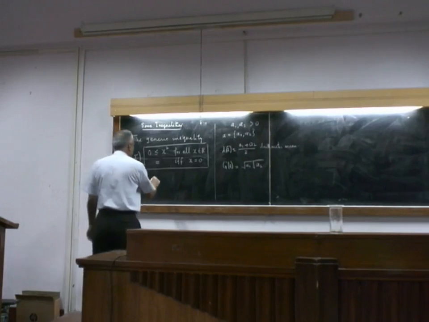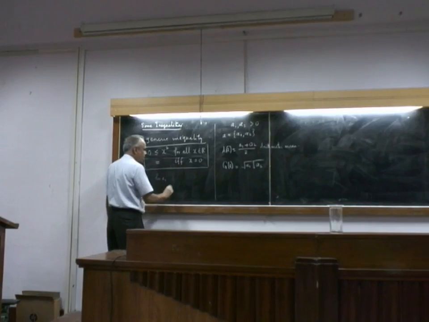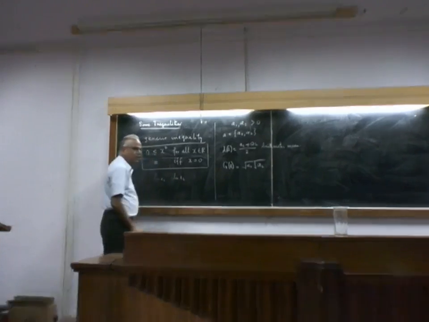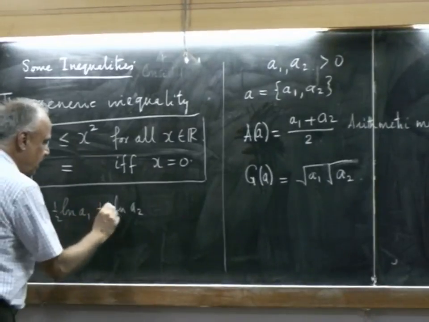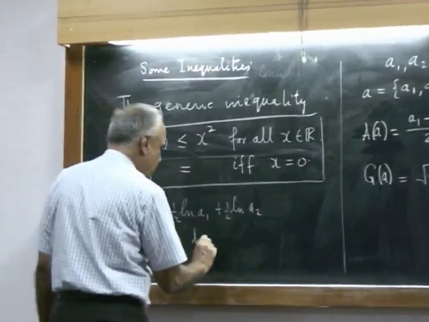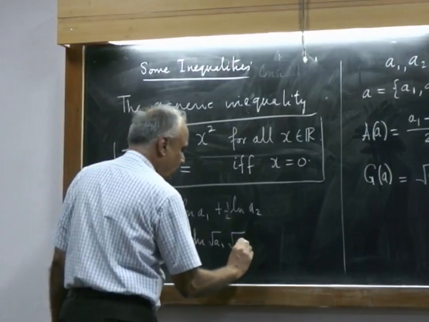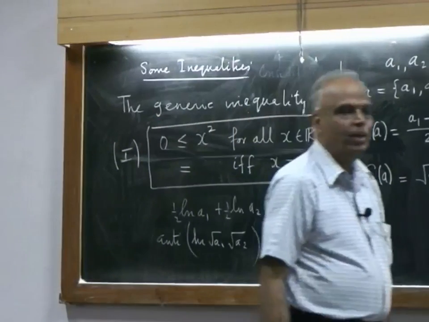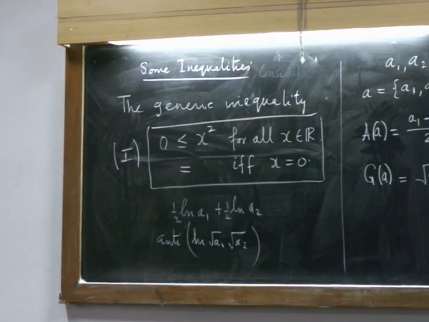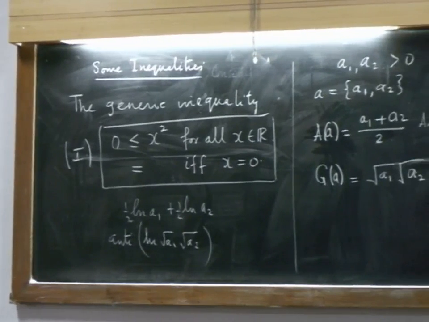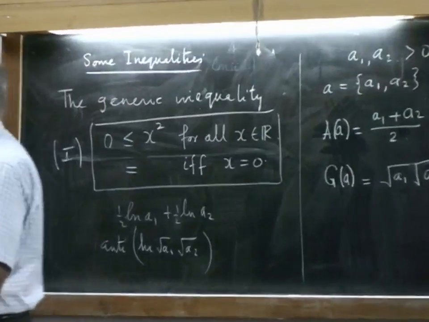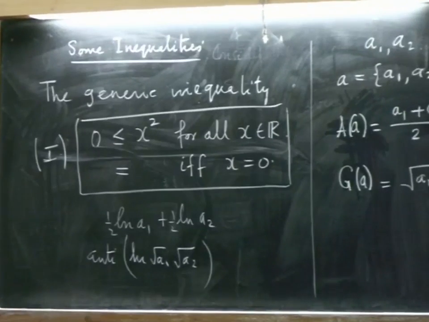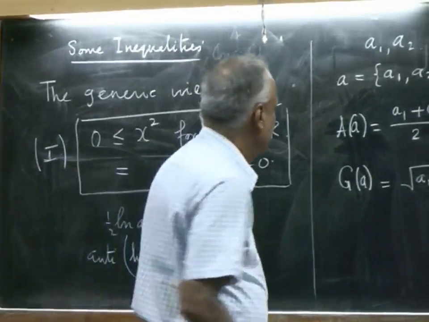For example, a1 will be coded as log a1, a2 will be coded as log a2, and the arithmetic mean will be the logarithm of the square root of a1 into the square root of a2. Then take the antilog, and you will get the square root of a1 a2. That is how the geometric mean is obtained: code, arithmetic mean, then decode. Instead of straight away taking the arithmetic mean, you are doing some hashing, to hide the fact.